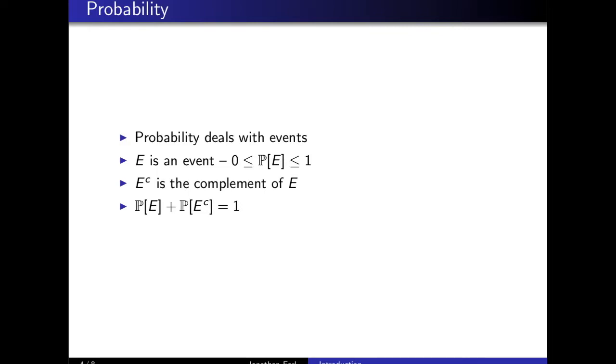So for a dice throw, E^C would be the event that the dice throw is a 1, a 2, a 3, a 5, or a 6. We take the probability that the dice throw is a 4, and we add to it the probability that the dice throw is not a 4, we get everything. And when you get all possible outcomes for your sample space, that has probability 1.